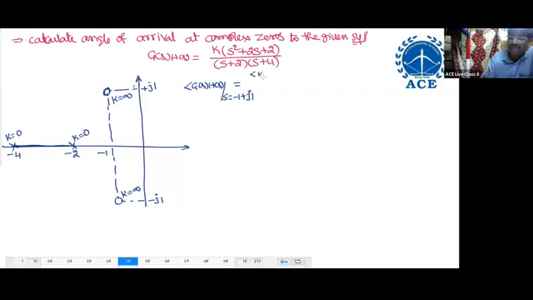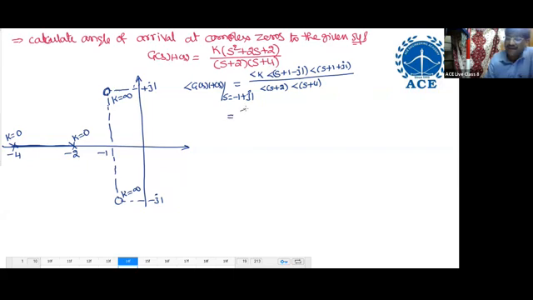Angle of K, angle of (s plus 1 minus j1), angle of (s plus 1 plus j1), divided by angle of (s plus 2), angle of (s plus 4).